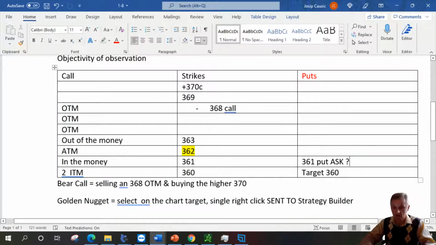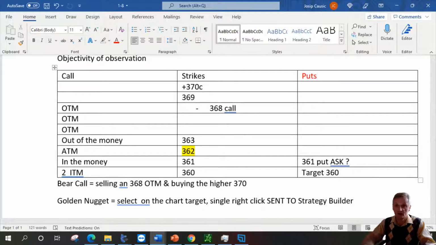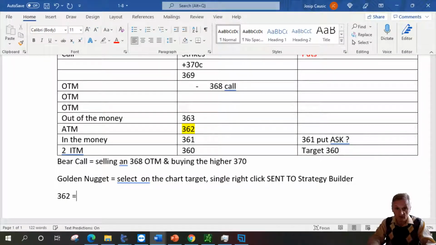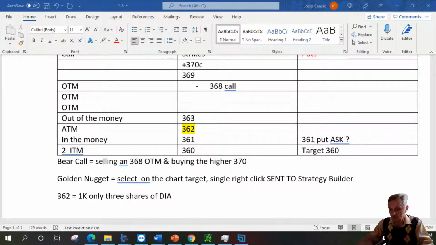The current price of the Dow Jones is around 362, and if I want to invest $1,000, I really think you can only buy 3 shares of the diamonds. Just 3 shares. That's all that you can do with the $1,000 that are available.